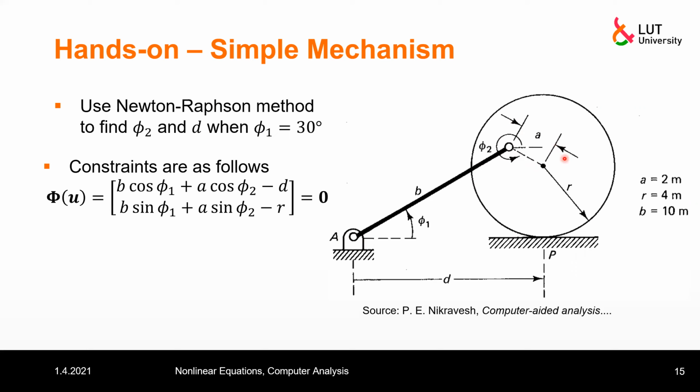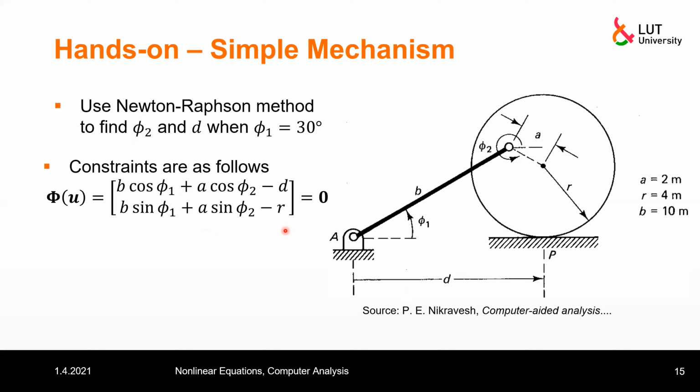The circle has radius r, and the distance between the center of the circle and point A is denoted as d. The question is to find phi2 and distance d when phi1 is provided. So this is the task, and how to solve it?